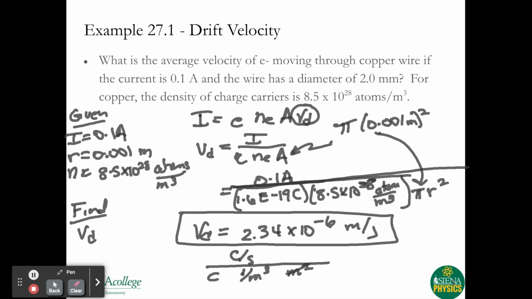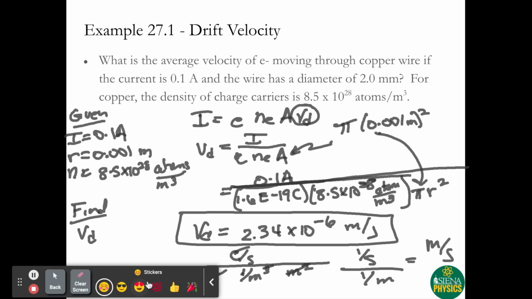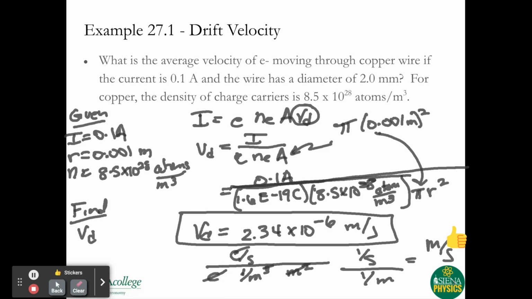So the meter squared leaves one of those. The coulombs go away. So we get a 1 over second divided by a 1 over meter, which is a meter per second. Yay, that's excellent. Our units work out.